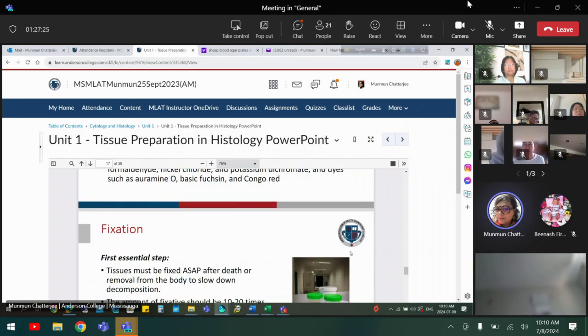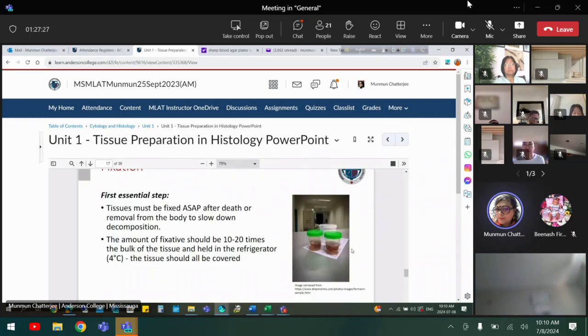Okay. Next, we are going to fixation. First essential step: tissue must be fixed ASAP after death or removal from the body to slow down decomposition. So this is the first step. Why? You need to fix the tissue so that there is no decomposition, because there are always bacteria and microbes, and the cells are not getting all the nutrients and other things they get when they are in the body, right?